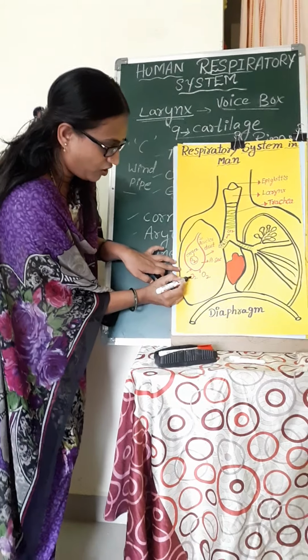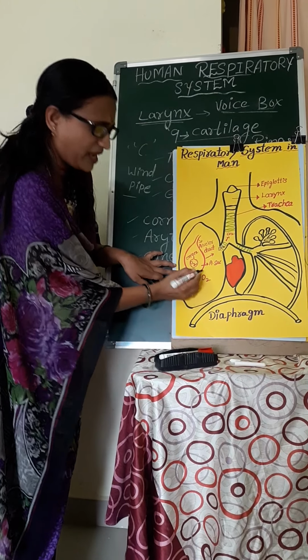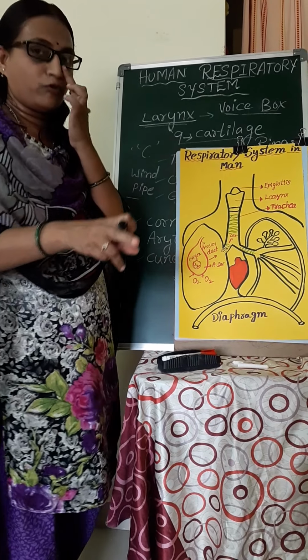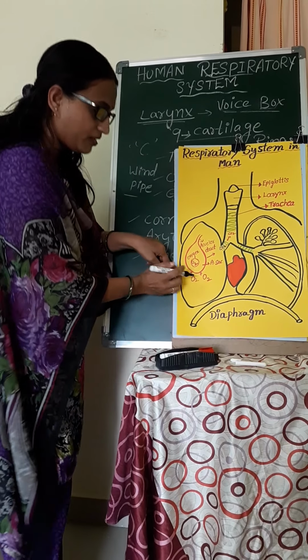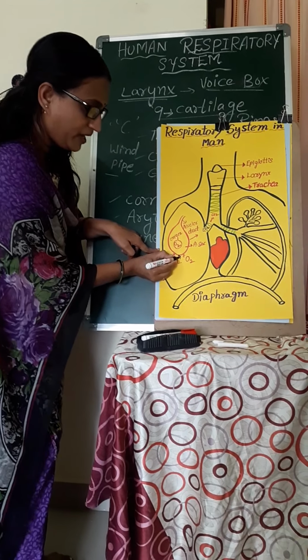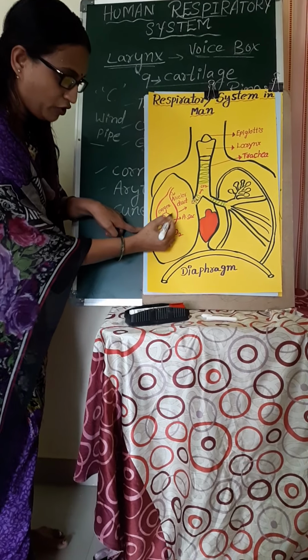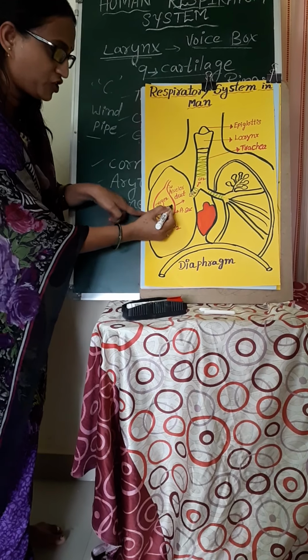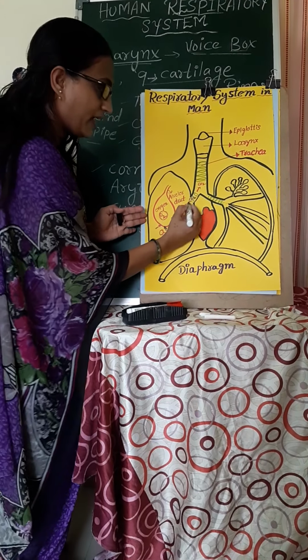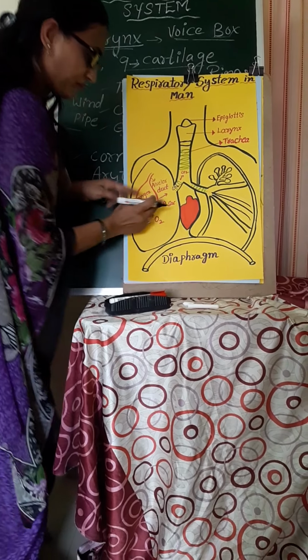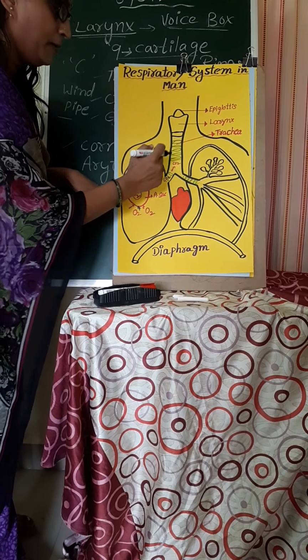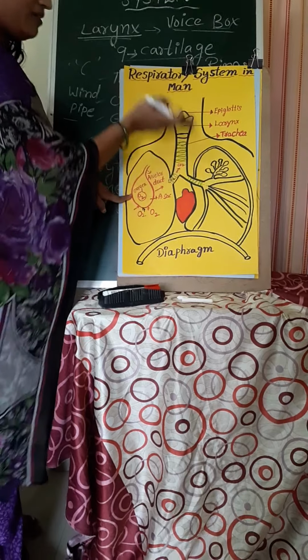See, here is the oxygen molecule. By the simple diffusion process, the oxygen molecule will diffuse into the alveolar sac, and in the same manner the carbon dioxide reaches the bronchioles, bronchi, trachea, in reverse, vice versa.